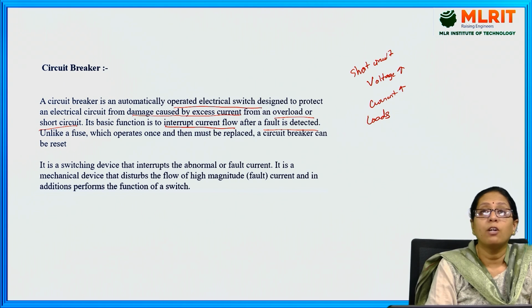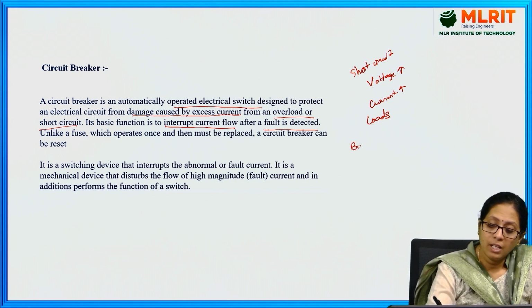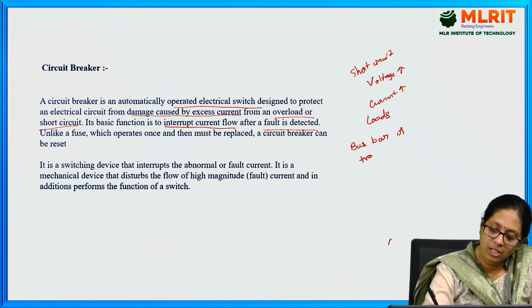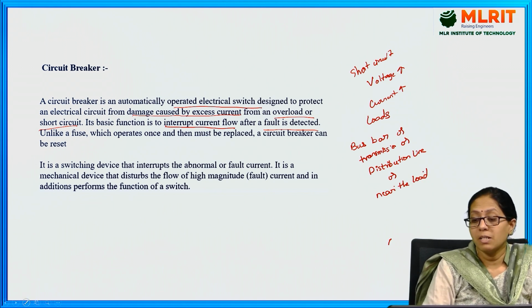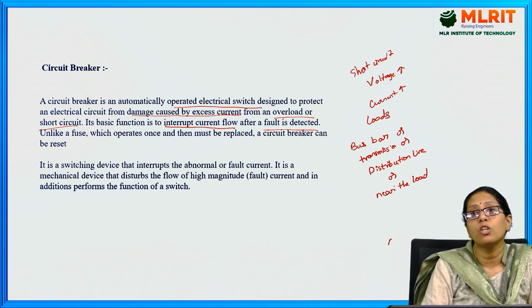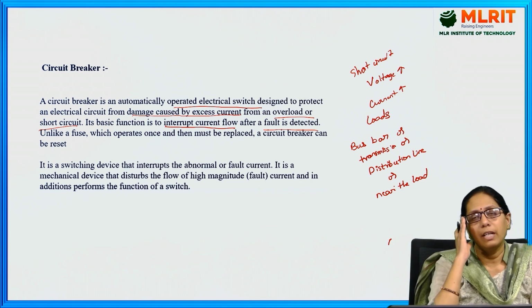That means if any kind of fault is being detected, the fault may be in the bus bar, or in the transmission line, or in the distribution line, or near the load, or when connected to the motors.